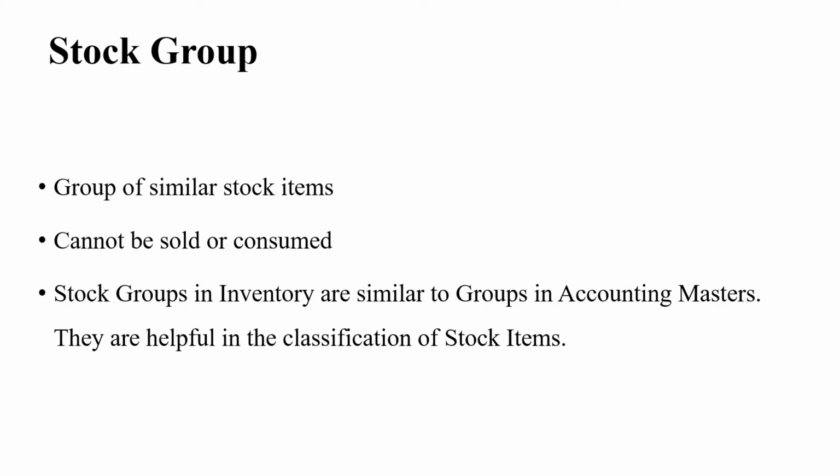If the stock category is pens, the stock groups will be gel pens and ballpoint pens. If the stock category is books, textbooks and notebooks will be the stock groups. If vehicles is a stock category, two-wheeler and four-wheeler will be the stock groups.